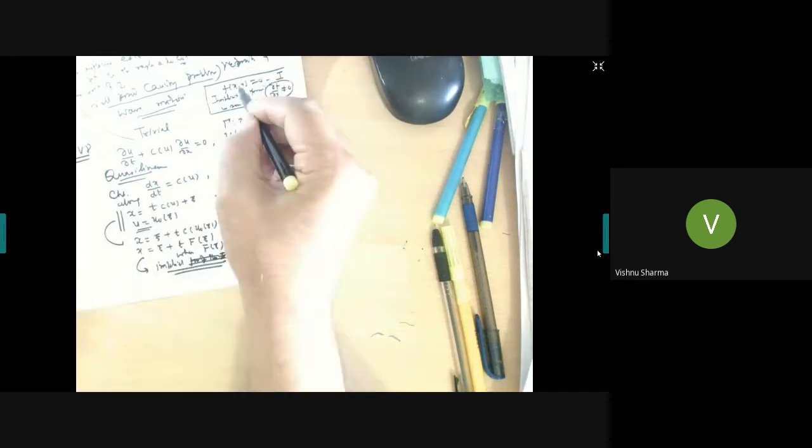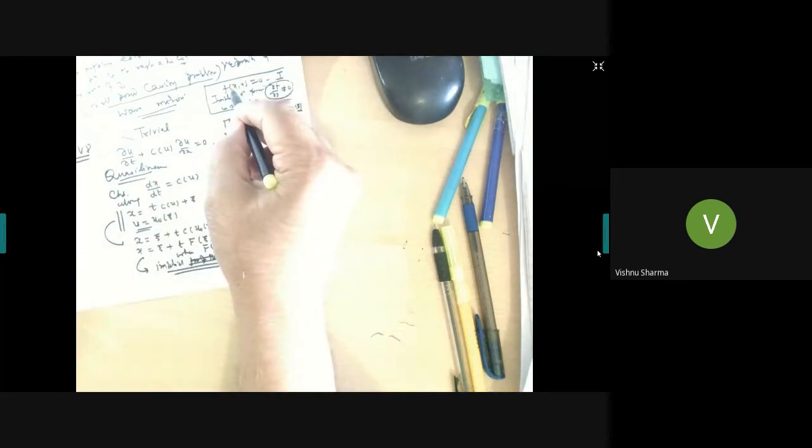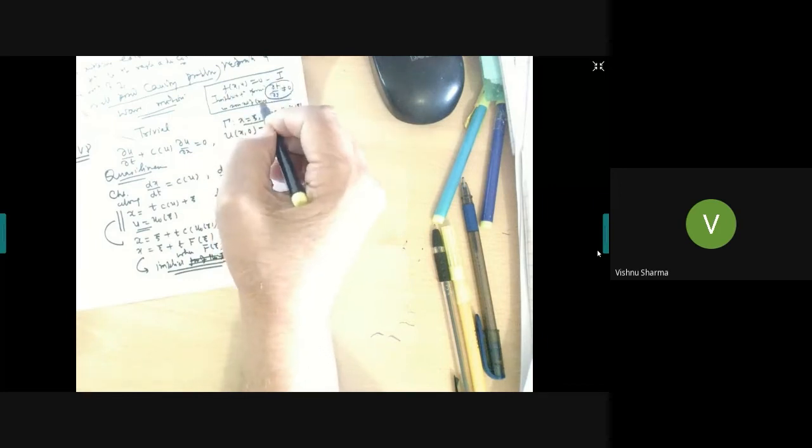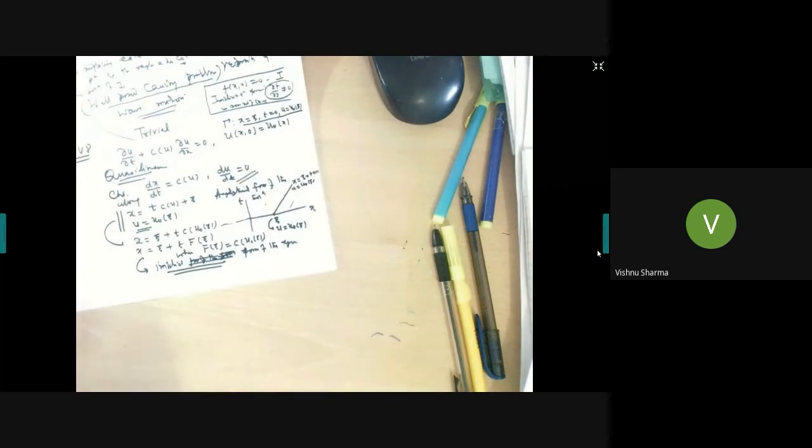So the condition is that this must be different from 0 in some neighborhood. And that's why here I get the solution simply in a small neighborhood. As you know, the existence uniqueness theorem ensures the solution only in a very small interval, right? Day before yesterday, we talked about the existence uniqueness theorem. That gives us the solution only in the neighborhood.